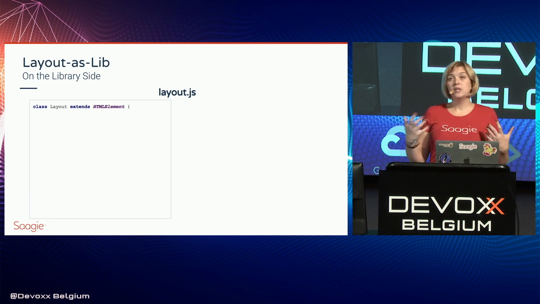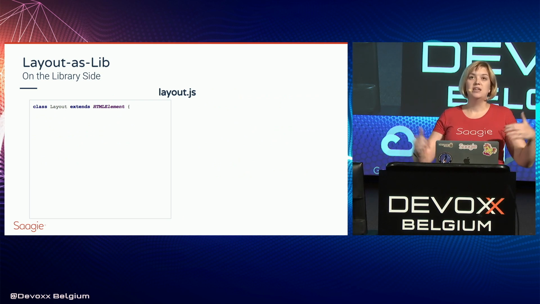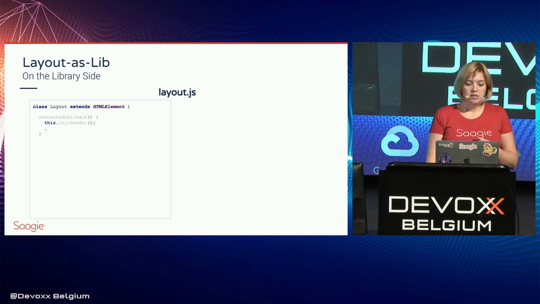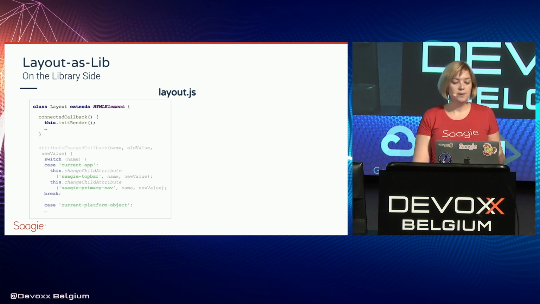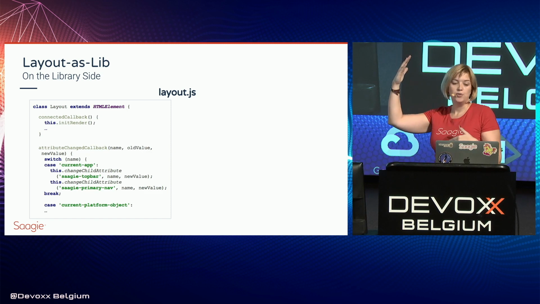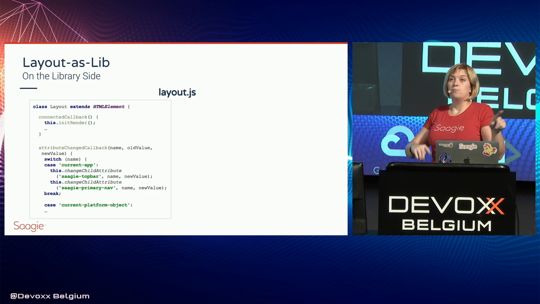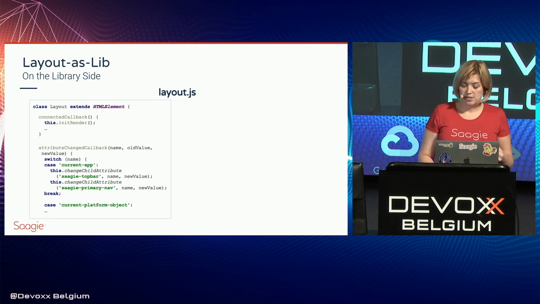So this layout component is now only in charge of basically updating its sub-components. So it has a connected callback method, as we've seen previously, with an initRender method. And in the attribute change callback method, it's going to look at every one of its attributes. And in case of a change, it's going to update the top bar or the primary nav or both, etc., according to users' choices.